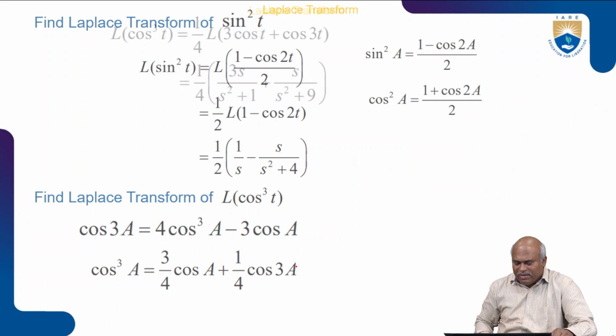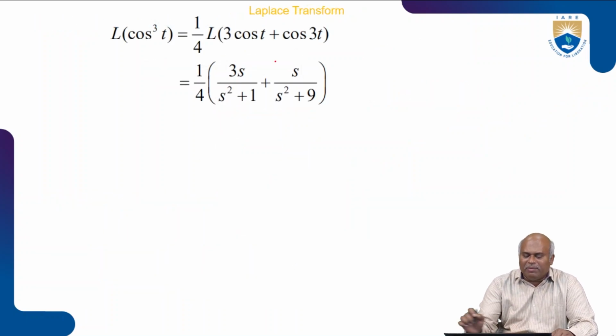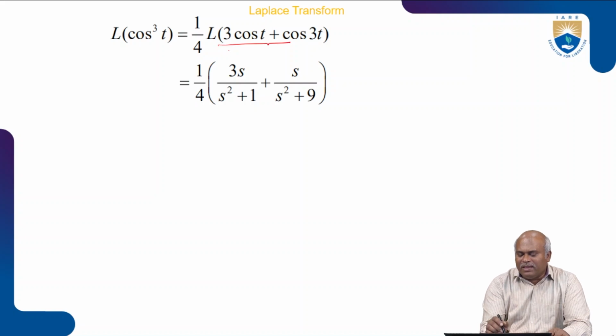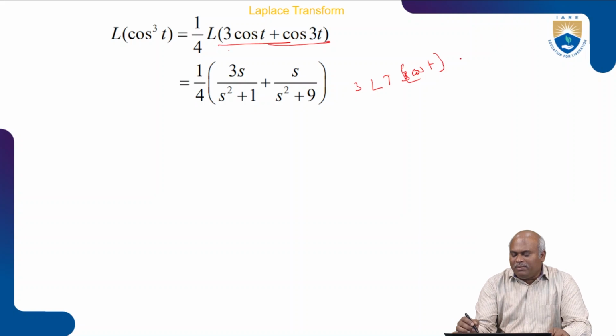Okay, this formula we may adapt here. We do the Laplace transform. This means you take the Laplace transform of 3 cos t. This 3 is constant, you take it outside: 3 Laplace transform of cos t plus Laplace transform of cos 3t.